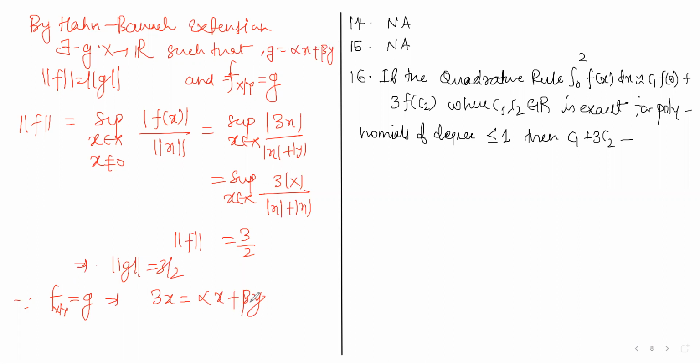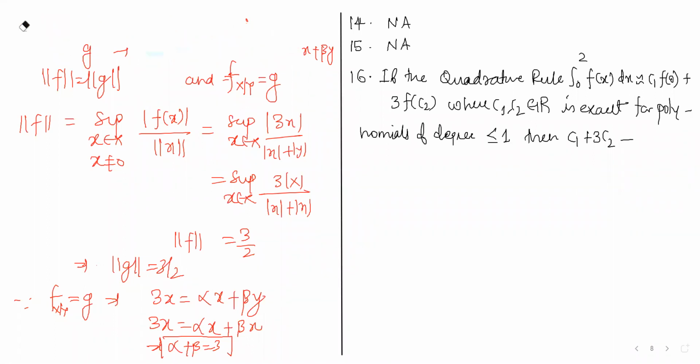Since I know that x is the same as y, I'll be getting 3x equal to alpha x plus beta x, which gives me a nice equation: alpha plus beta equals 3. And now I need to find out another condition. So I'll erase this part because I don't need it for the time.